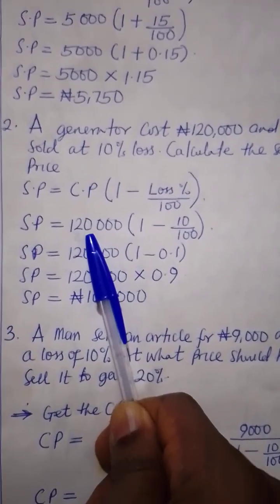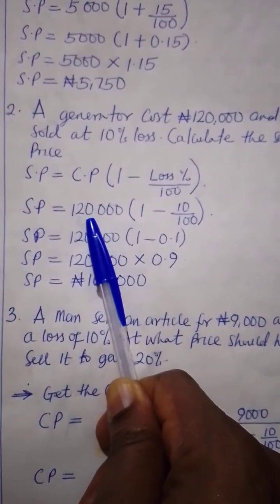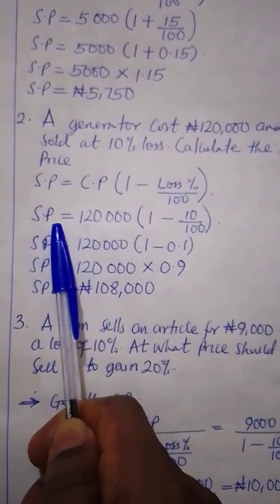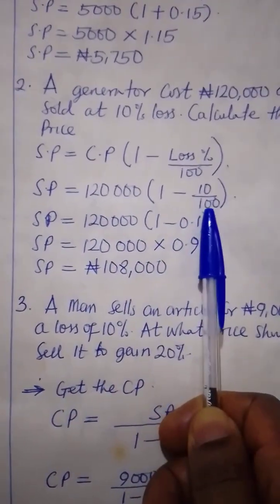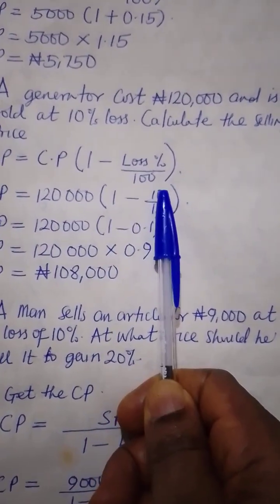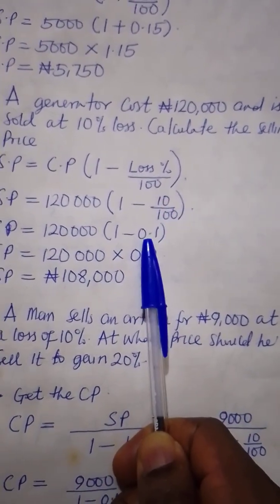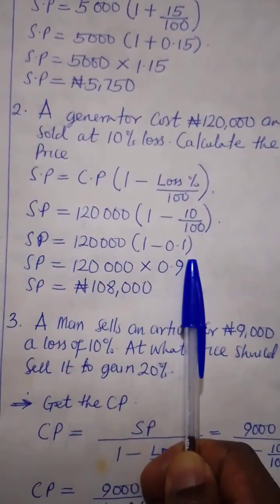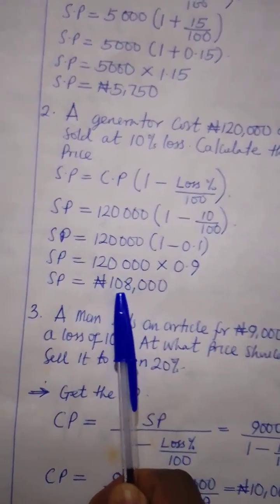We're given the cost price to be 120,000 and the loss percentage to be 10. So we resolve. 10 over 100, that's 0.1, 1 minus 0.1 is 0.9. By the time you resolve, you end up with 108,000.